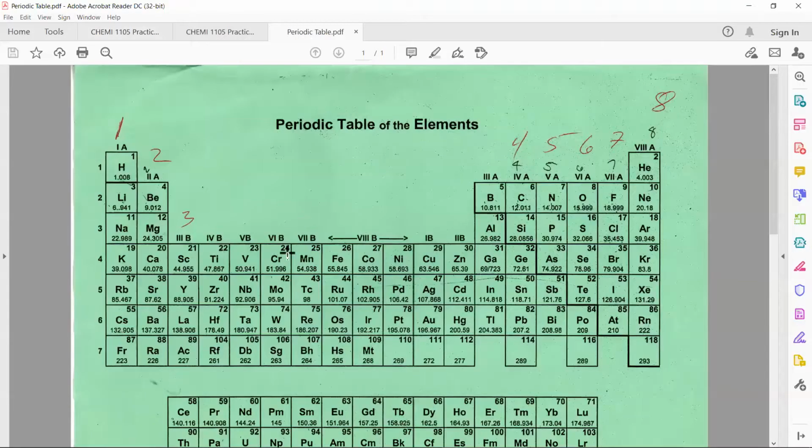Now, if we look at the periodic table for oxygen, what's the atomic weight? 15.999. I'm going to let you round that off to 3 significant figures, then I'll do it. Go. All right, time's up.